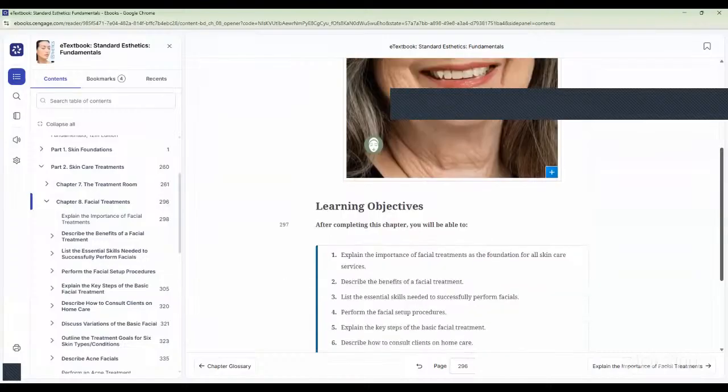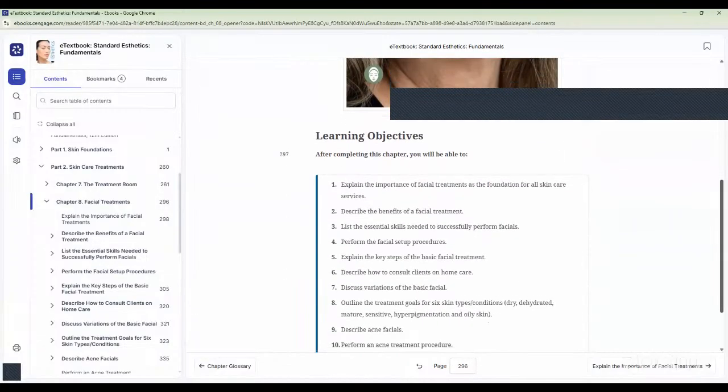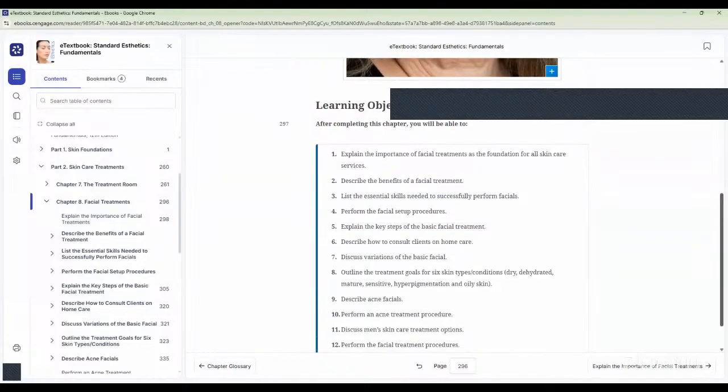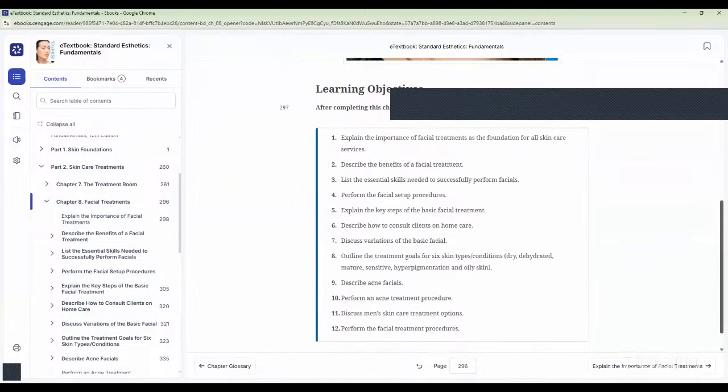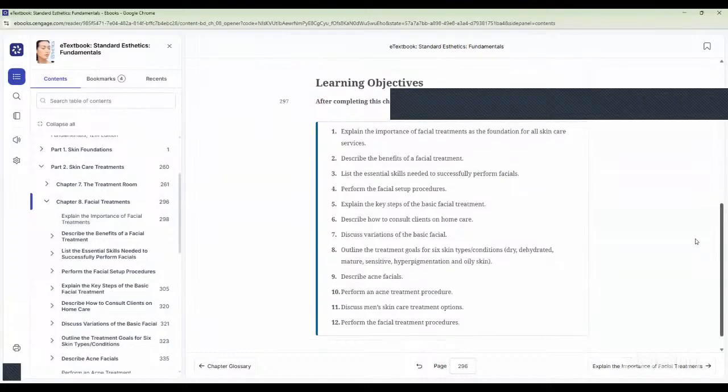All right. Let's look at some of the learning objectives for chapter 8. If you're in your textbooks, it's going to be page 297. We have about 12 of those objectives. Number 1, explain the importance of facial treatments as the foundation for all skincare services. This is your key first question in all chapters.